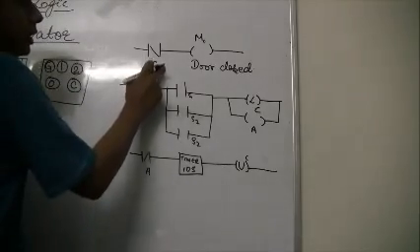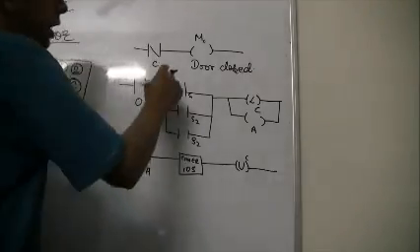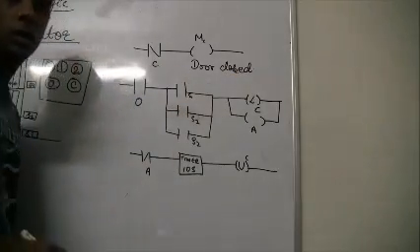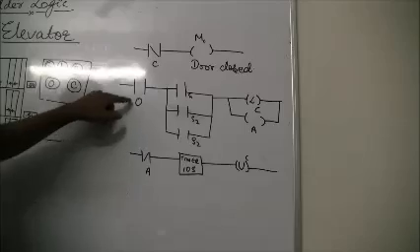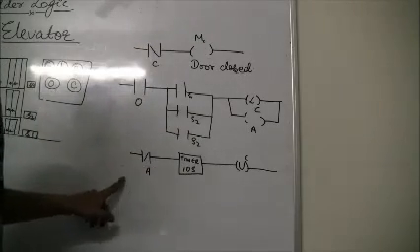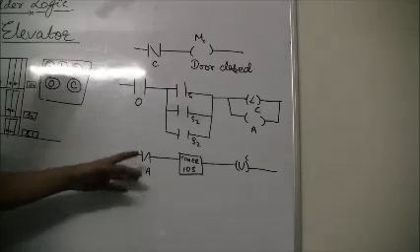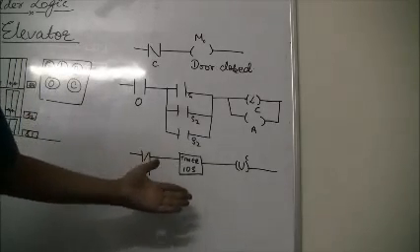That means after 10 seconds it would come back to its original state, which is closed, and the door would close. So whenever you press the open button, the lift would open, and after 10 seconds the lift would close. So this is the importance of the timer, that we can set it, right?